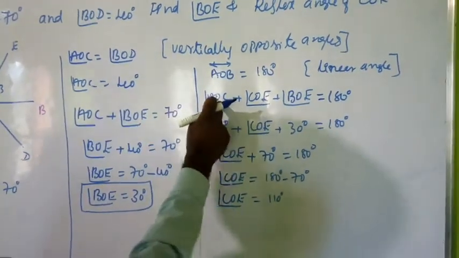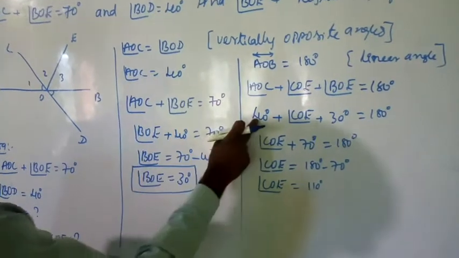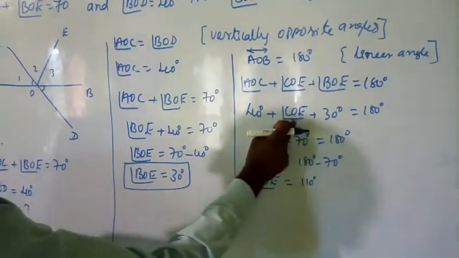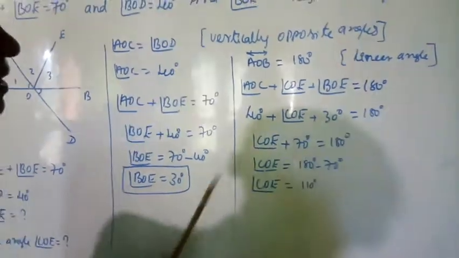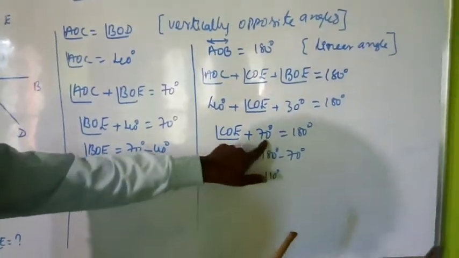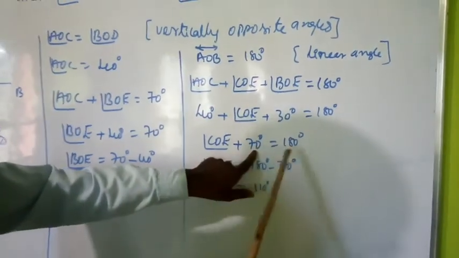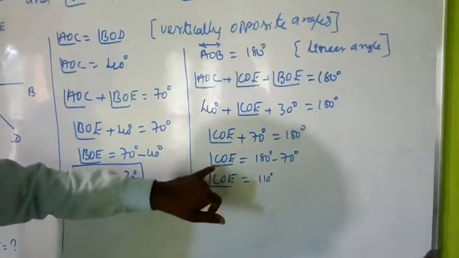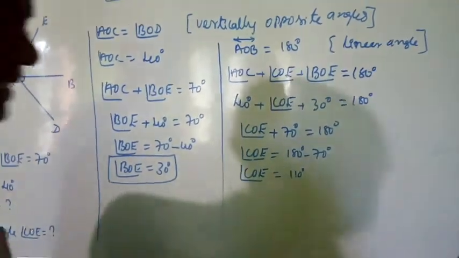Angle AOC is given as 40 degrees, angle COE we want to find, and angle BOE is 30 degrees. So COE plus 70 degrees is equal to 180. Next, COE is equal to 180 minus 70, so COE is 110 degrees.